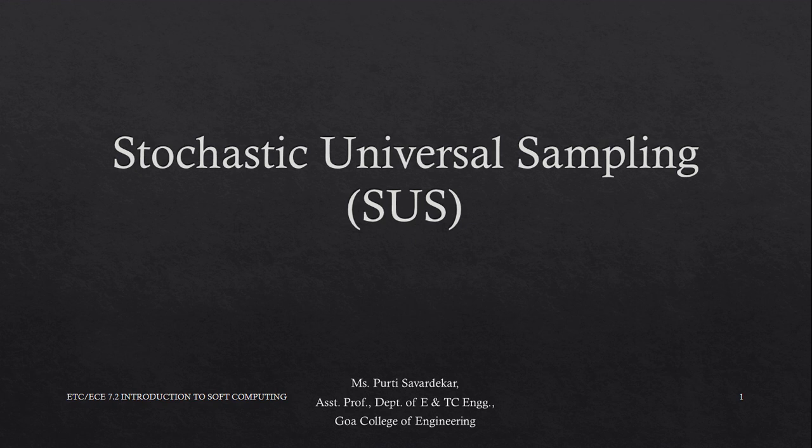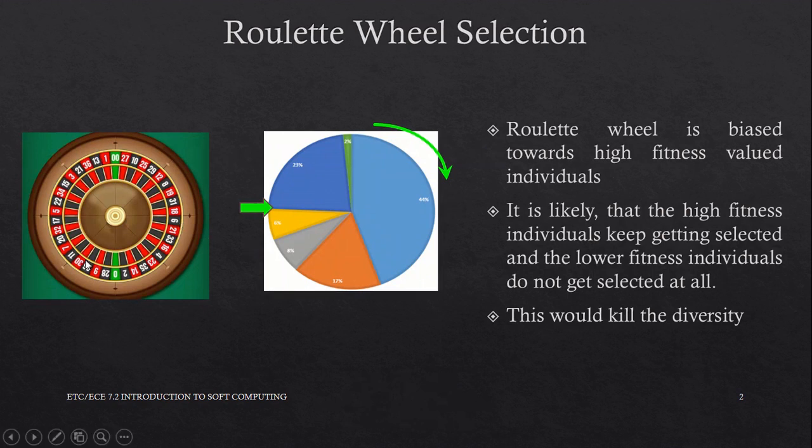So, as you must have seen, in the roulette wheel selection, the size of the pocket is made proportional to the fitness value or the expected value of the individual. Obviously, then, a fitter individual has a higher probability of being selected.